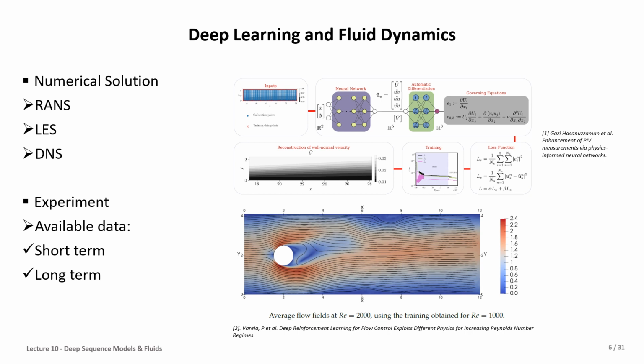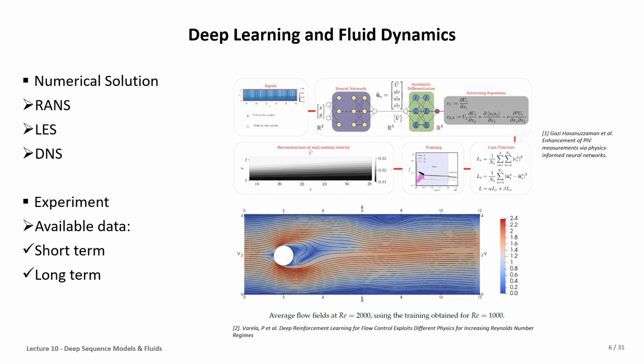To apply deep learning in the fluid dynamics area, as we know, usually in deep learning it's required to have data to train the model. Usually we have a data set and we split it into a training data set, a test data set, and sometimes a validation set as well.